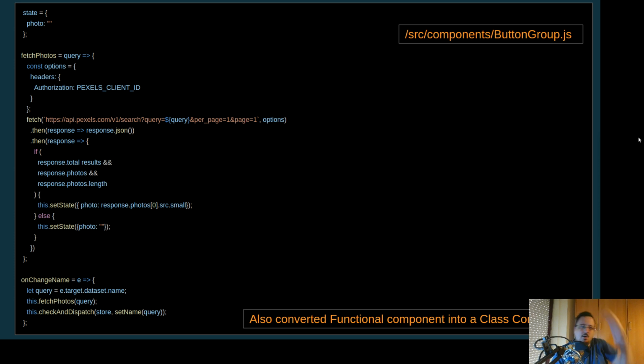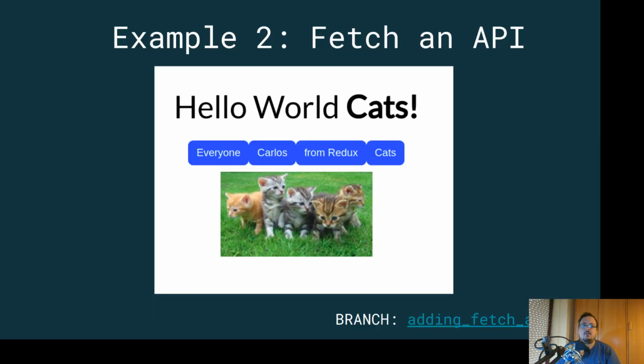So this is the code. It's easy code. I built fetchPhotos and I just called it. So if we click the cats button, we have that beautiful photograph.